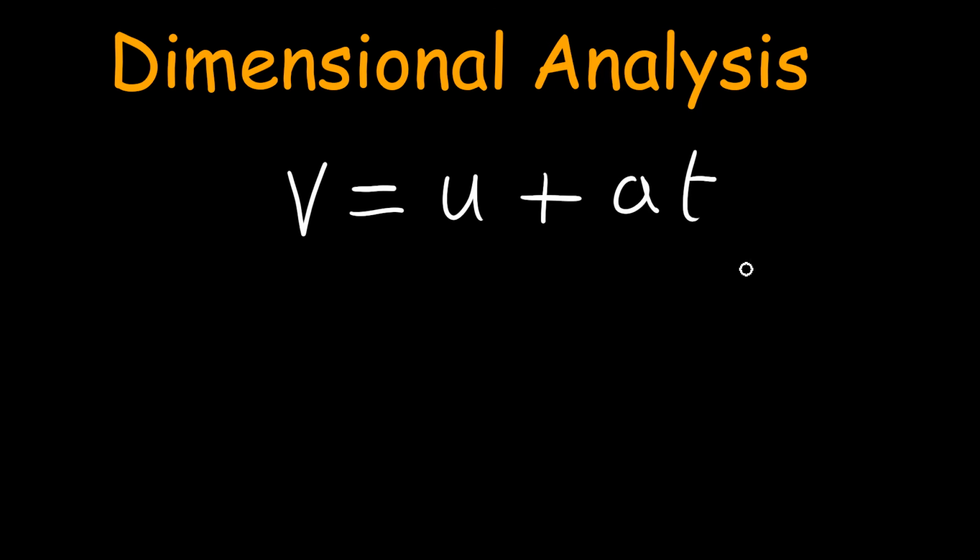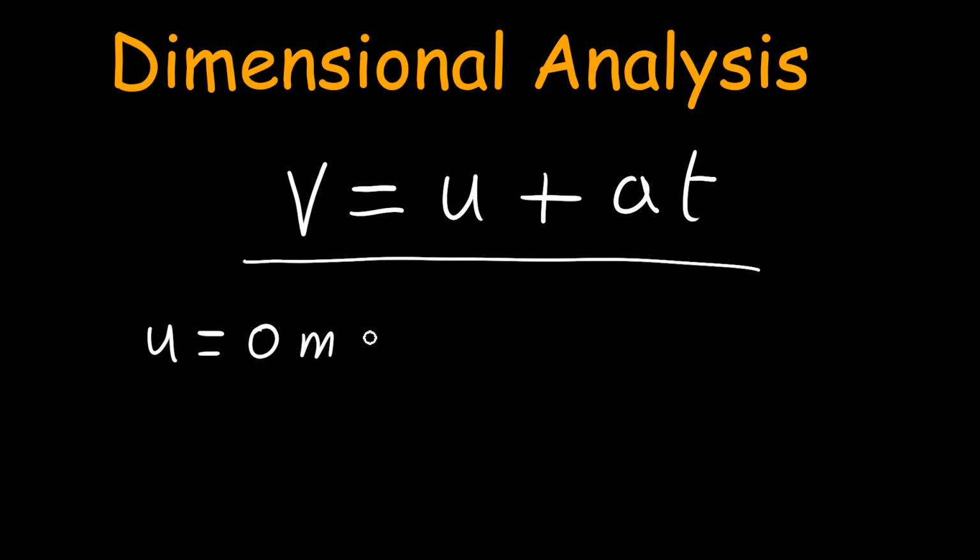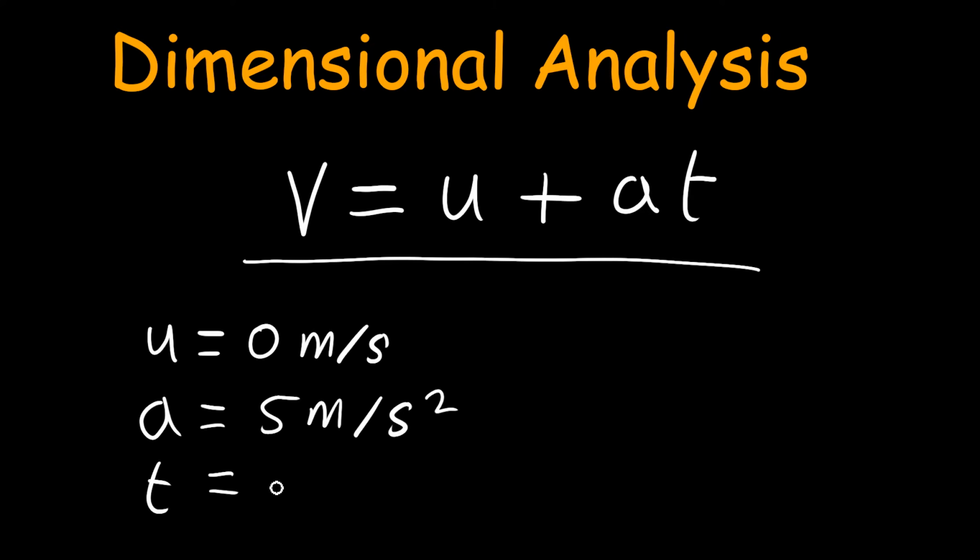But if we were to describe this equation quickly, we can imagine a particle with an initial velocity of 0 meters per second, moving under a constant acceleration of 5 meters per second squared over the course of 10 seconds.